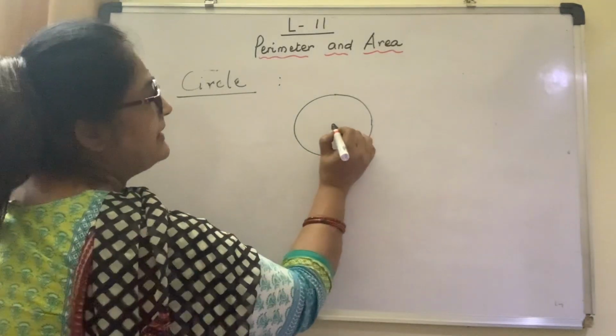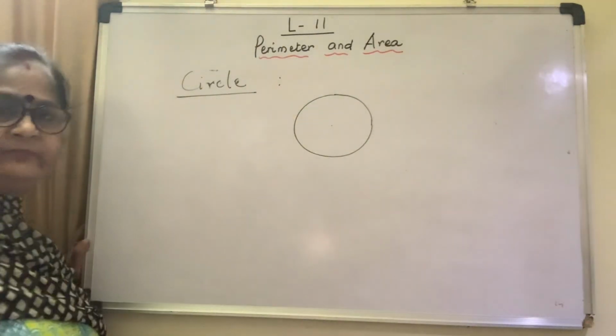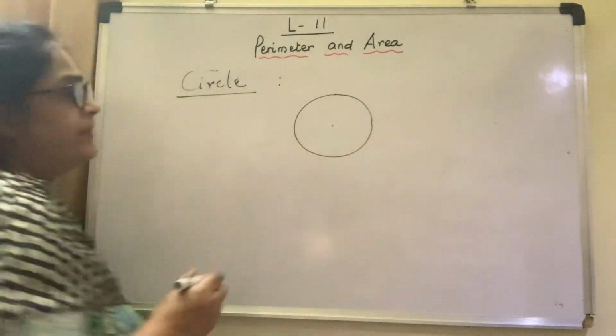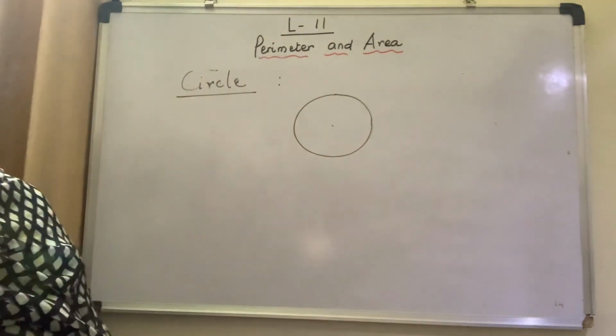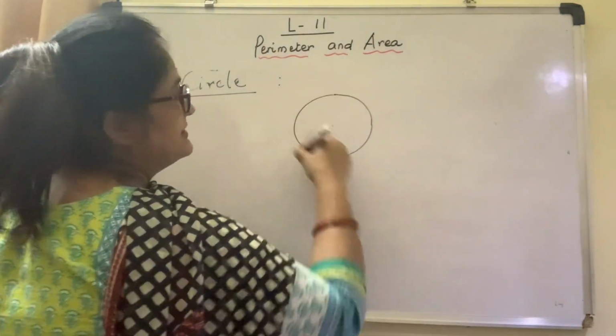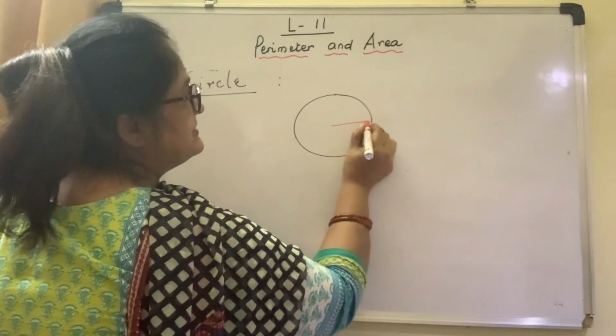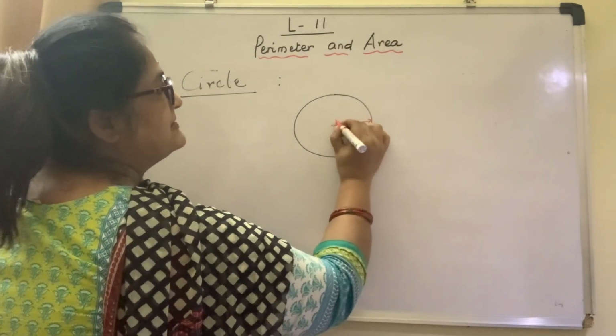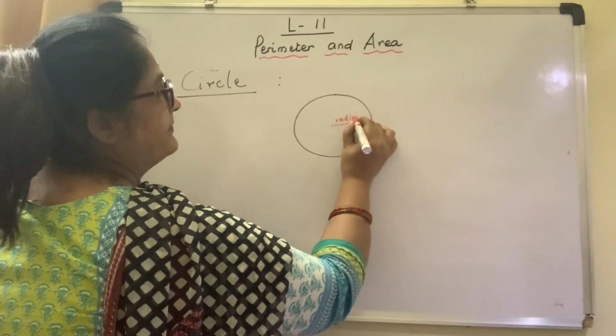Now a circle has a center. The distance from the center to any point on the boundary is known as the radius.